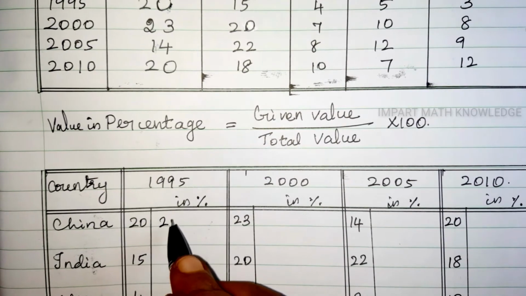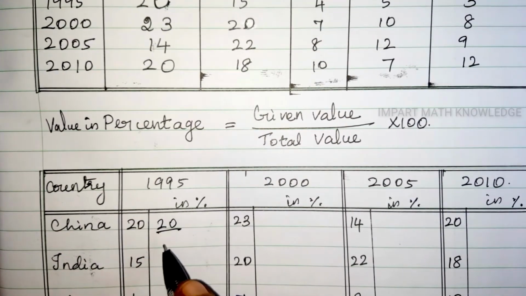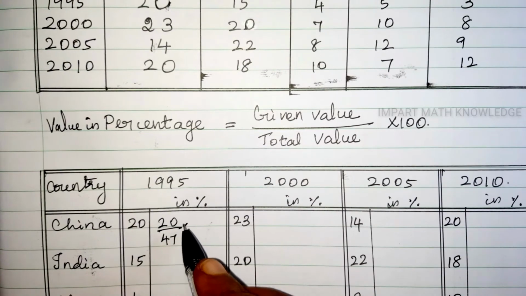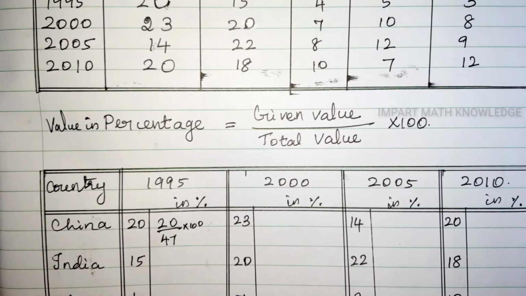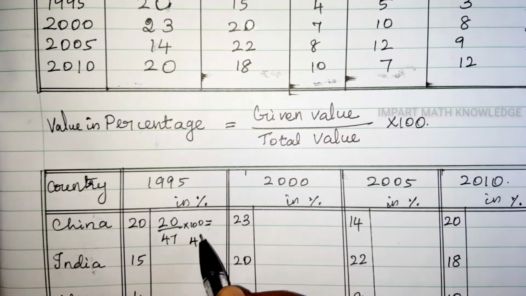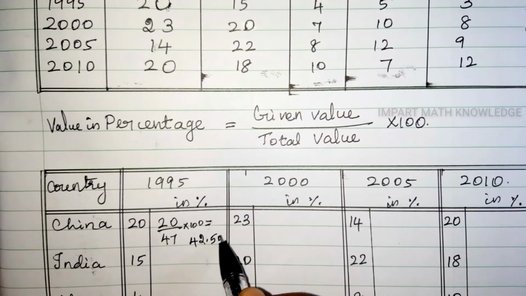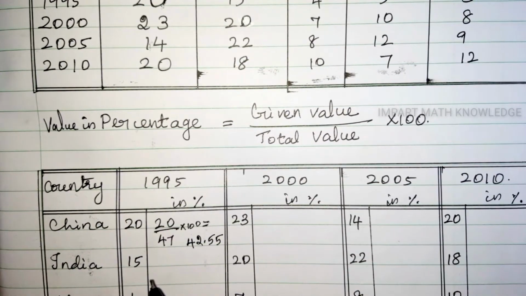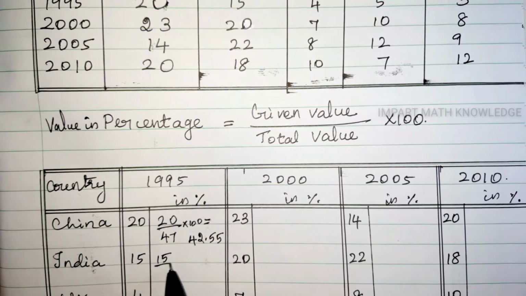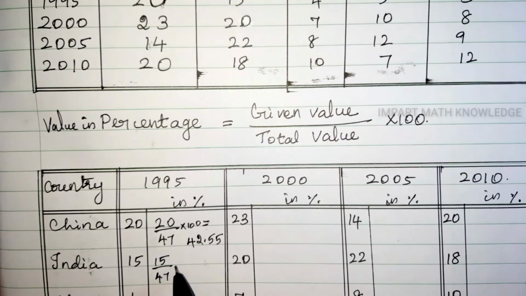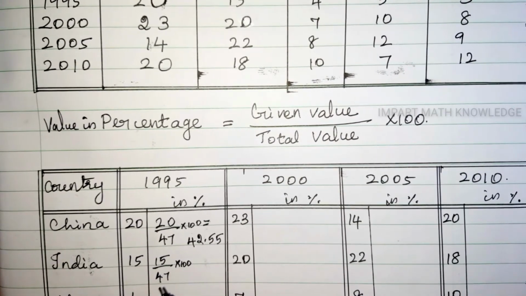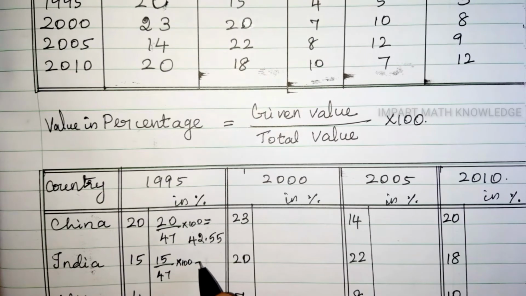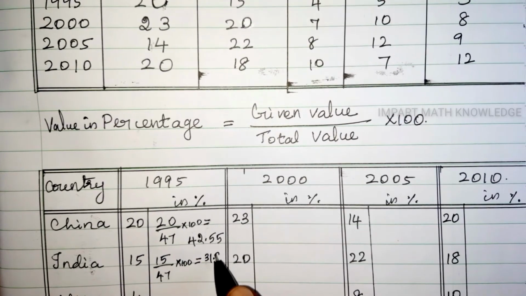So 20 divided by the total 47 into 100 is 42.55. Now for India, 15 divided by total into 100 is 31.91.